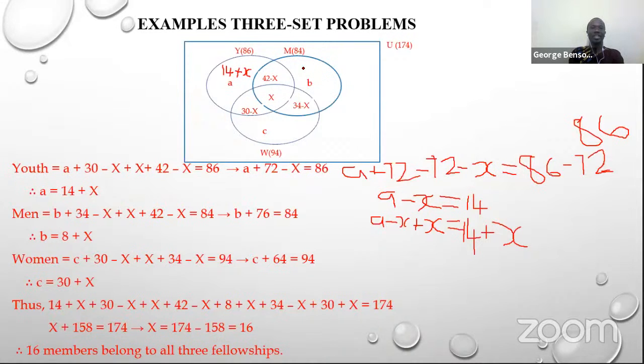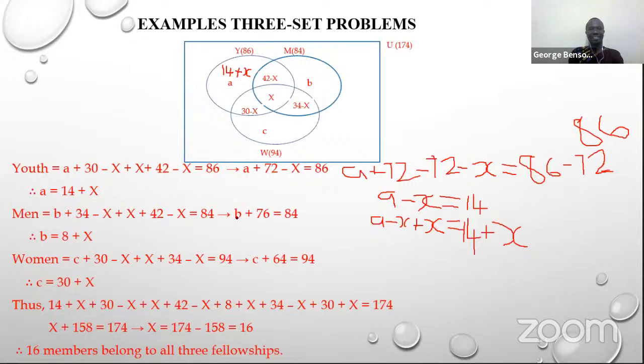When you take the main fellowship, it also means that this region B plus this region plus this region plus this region should be equal to 84. So that's why you can see B plus 34 minus x plus 42 minus x is equal to 84. And when I add my two values, 34 and 42, I'll get 76.